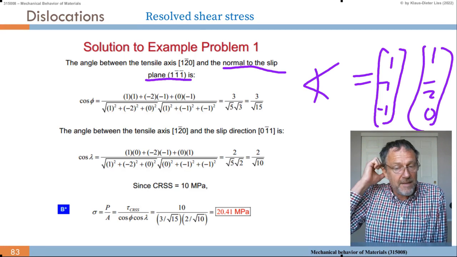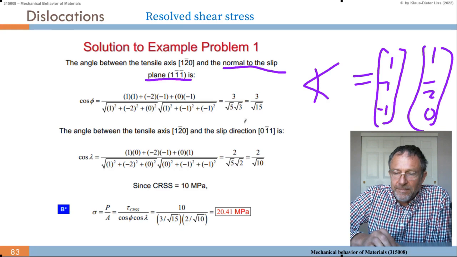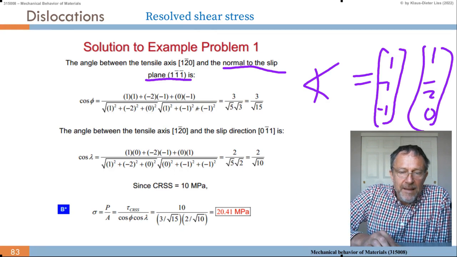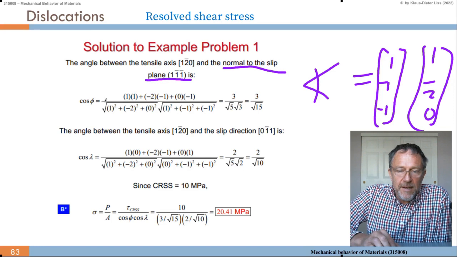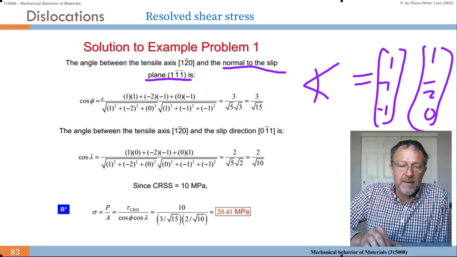These are the absolute values. Put in the lengths, and that works out: you do the dot product divided by the lengths, and you get 3 over square root 15 for the cosine phi.